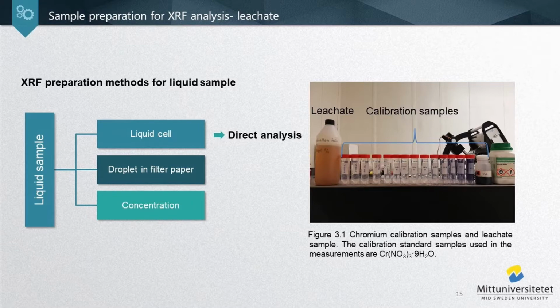The third is a concentration process, such as solid phase extraction, where we extract the element of interest from the liquid sample. On the right figure, it shows the chromium calibration samples, which are made from a chromium compound. And the yellow bottle shown in the figure is the leachate sample that we collected from the incineration.